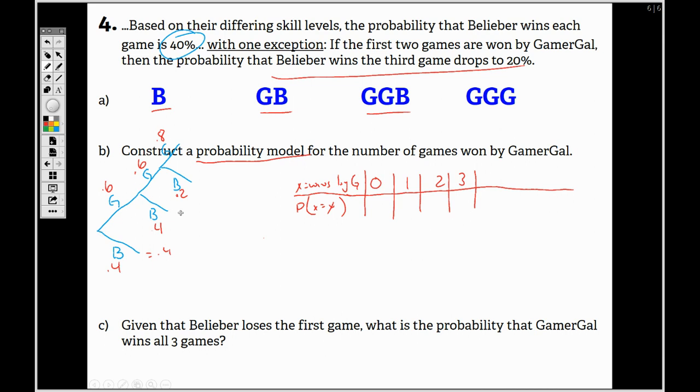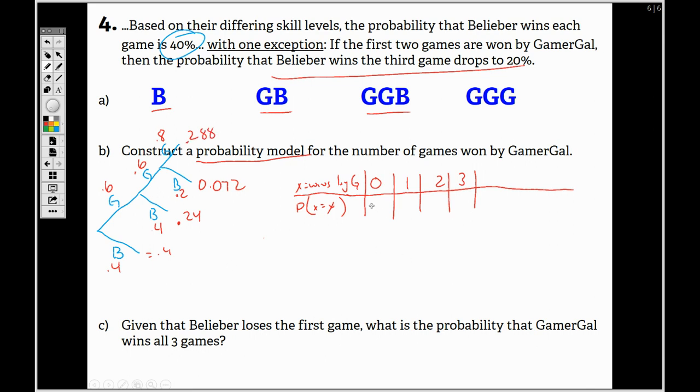This is going to be 0.6 times 0.4, which is 0.24. 0.6 times 0.6 times 0.2, nope, 0.2. I knew that was wrong, is 0.072. And then 0.6 times 0.6 times 0.8 is 0.288. All right, so what do we got?